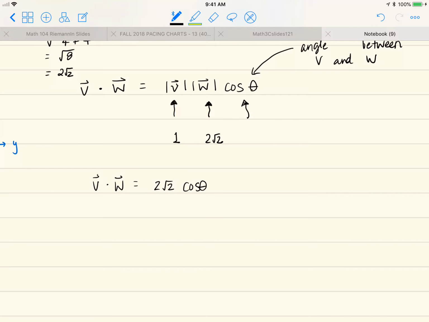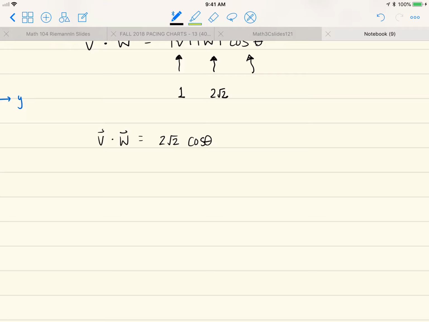We're going to come back to this. Let's use the other formula for the dot product: v dot w is equal to the sum of v_i w_i, i equals 1 to 3. That's the same thing as v1 w1 plus v2 w2 plus v3 w3.